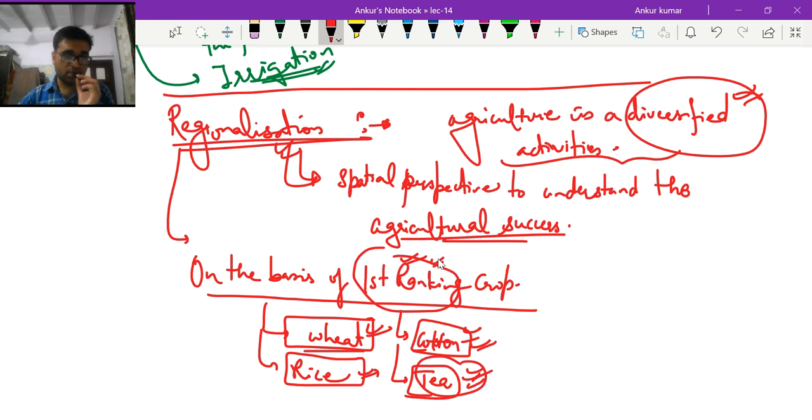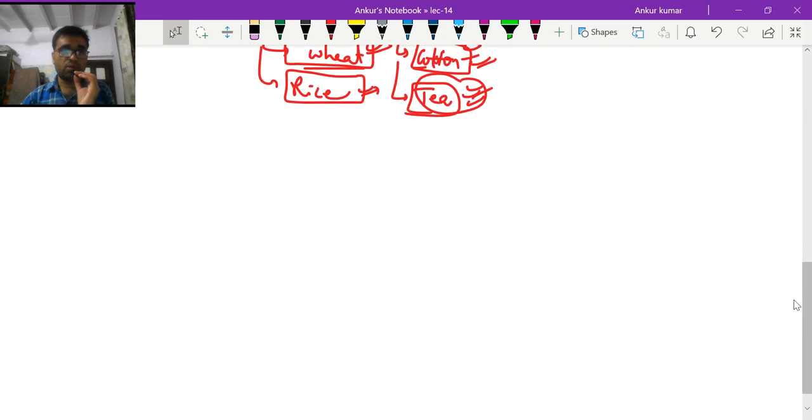But this is not a suitable method. It has a number of subjectivities, right? So we will look at the scheme of Kapok. Kapok was a person who gave his scheme for India.